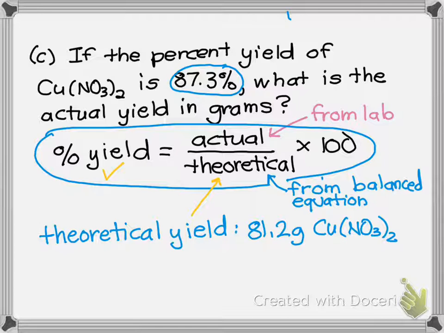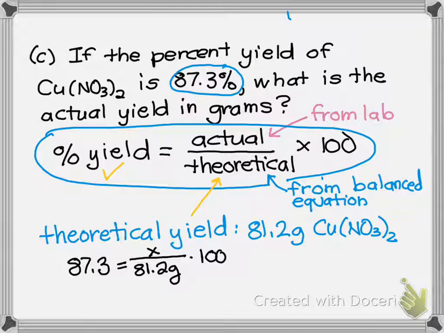So the actual is my X. I don't know it. So I say 87.3 equals the actual yield, X, divided by 81.2 grams, because that's what I calculated in part A as my theoretical yield, and then it's times 100.